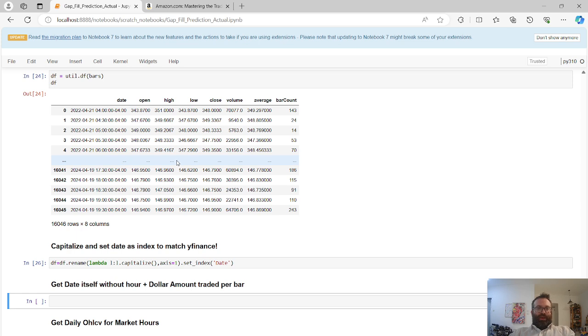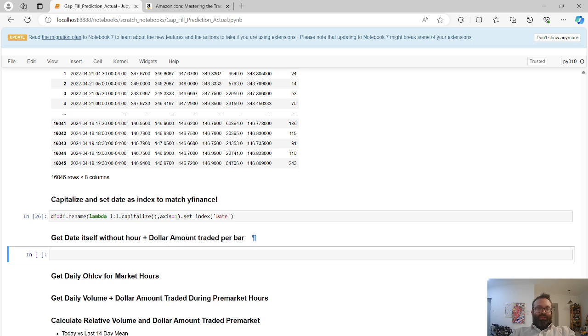So one way we can do that is the volume of pre-market today, divided by the average volume of pre-market in the last 14 sessions. But I like dollar amount, which would just be the dollar amount traded. So I would compare the dollar amount traded today to the average dollar amount in the last 14 sessions. So let's create this dollar amount traded thing first.